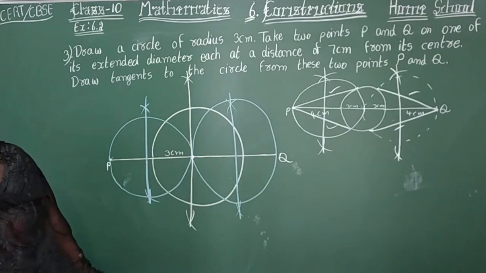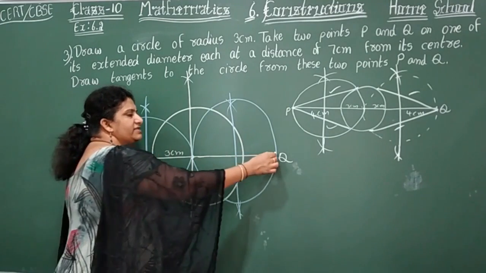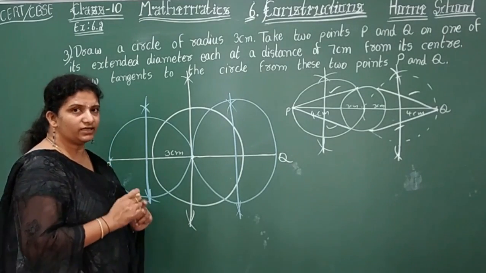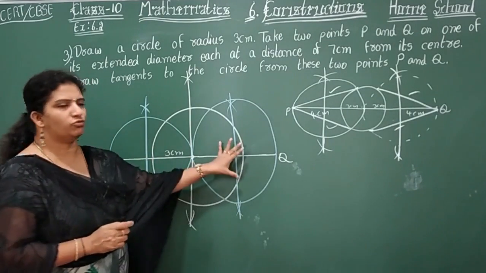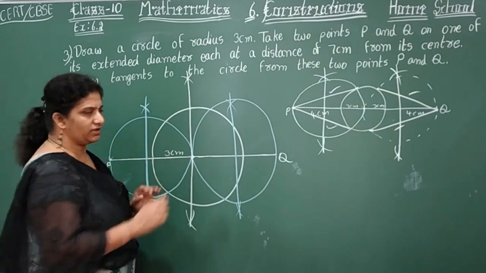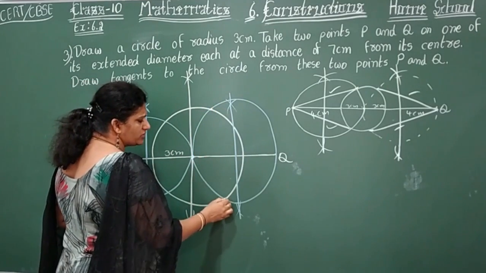Now what is your question here, children? Remember carefully, draw tangents from P and Q. The new circle, this blue color is new. The new circle touching the old circle. Where is it touching? Here and also here.